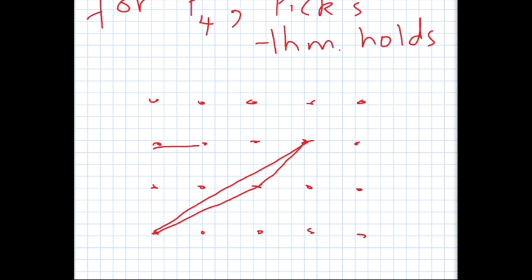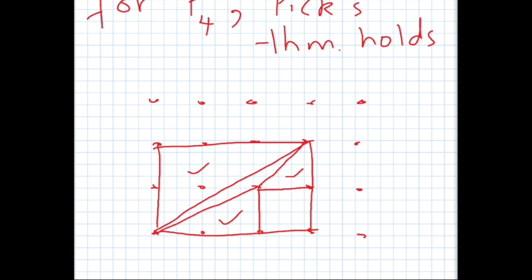Now we have a right triangle like this, a right triangle like this. So this is a square, and a square is a rectangle, and then we have three right triangles and this shaded part. And again you can use the same lemma to prove that Pick's theorem holds for this triangle.